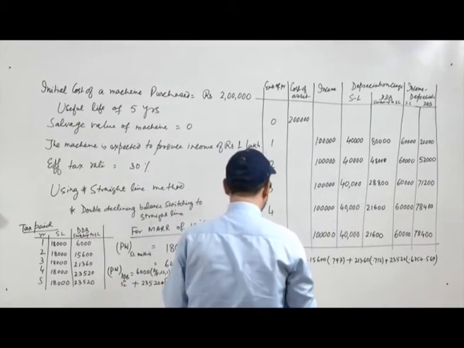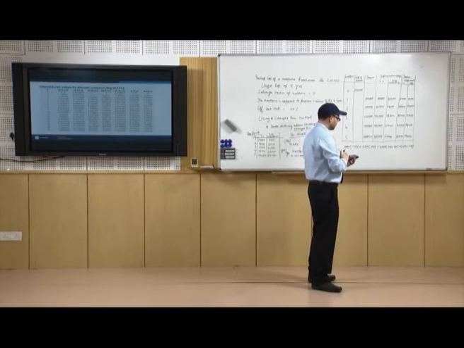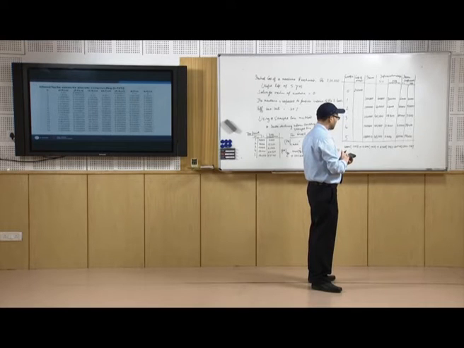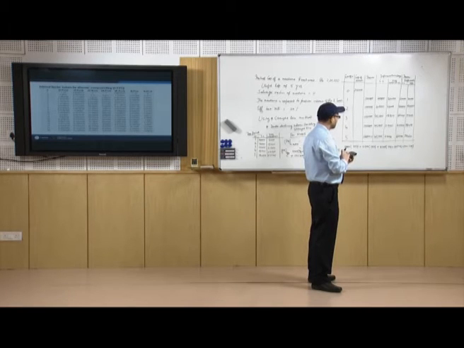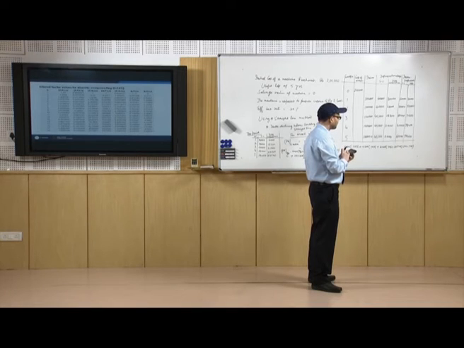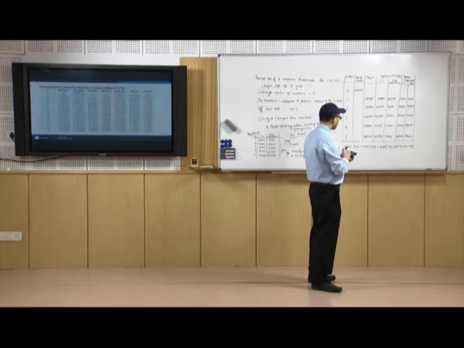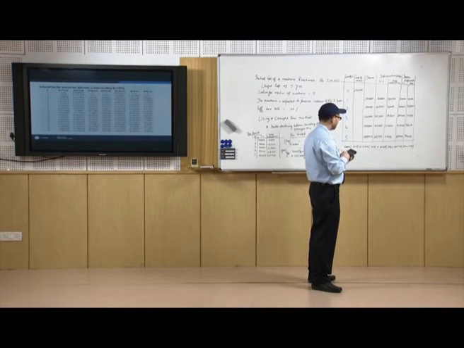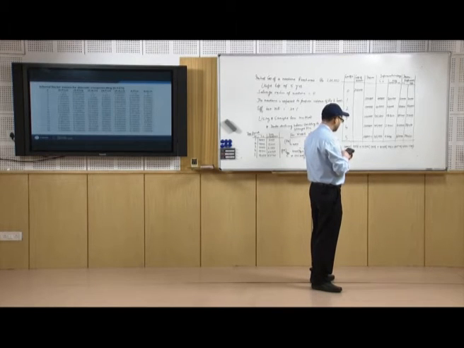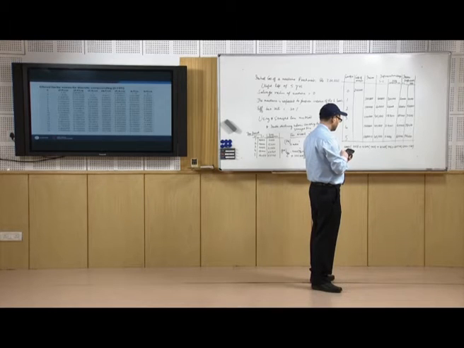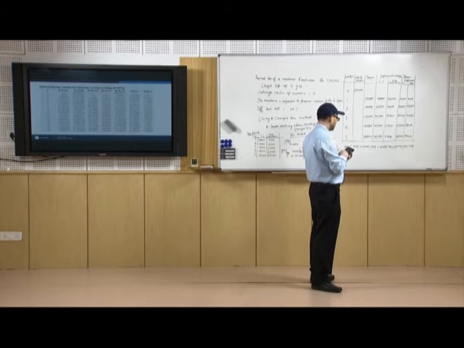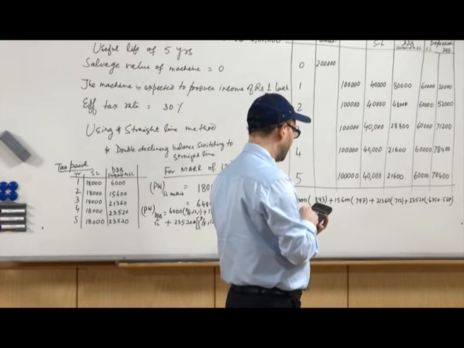So, this will be equated: 0.635 plus 0.567 multiplied by 23,520, plus 21,360 multiplied by 0.712, plus 15,600 multiplied by 0.797, plus 6,000 multiplied by 0.893.